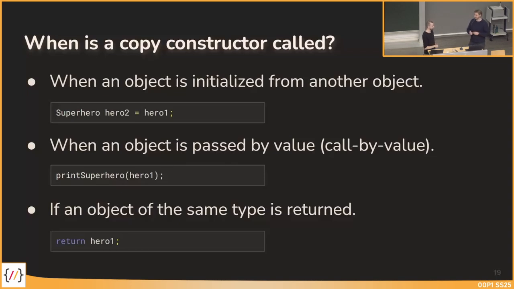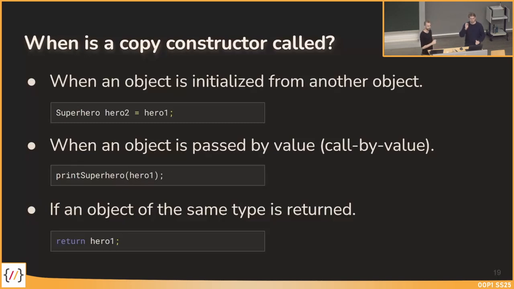The second type is when you use call by value. We know it already from vectors. Vectors get copied if you don't use them as a reference. And also objects get copied when you don't use them as a reference. So when you call a function and you pass an object, then the object gets copied.